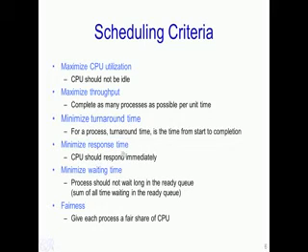The fourth criterion is response time. This is defined as the time taken from the point when the process enters the ready queue to the point when the process goes into the running state. That is, the time taken from the instant the process enters the ready queue to the time the CPU begins to execute instructions corresponding to that process. Another criterion is the waiting time.